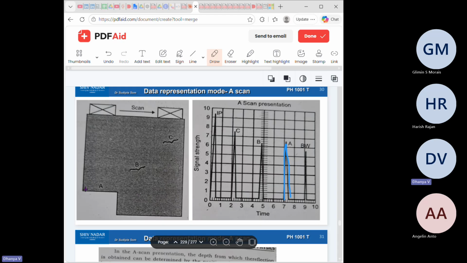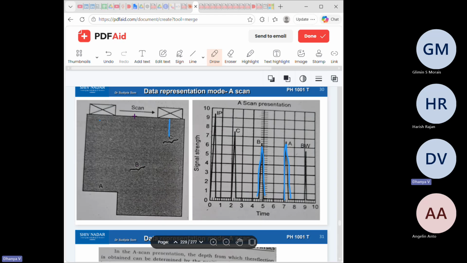Then again, you start moving, and you notice B. So for B also you draw your amplitude. Then comes your C. Essentially, how will you decide your amplitude? This is more distance, so a lot of it will be wasted, so there'll be comparatively lesser amplitude.